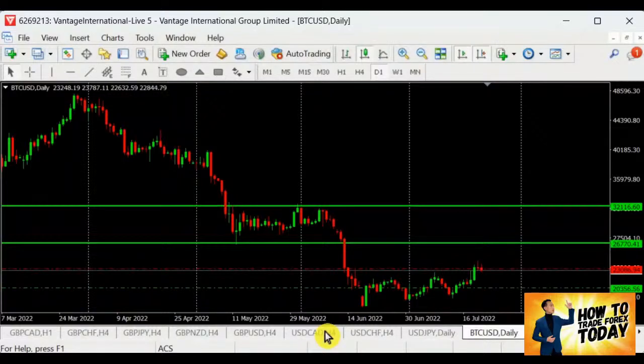But is it a pullback, and will it start to swing down? Of course, without any data, we can only say that we are forecasting. Everybody is reading it in a very different way. At the previous time, I was saying that I'm waiting for a 16.